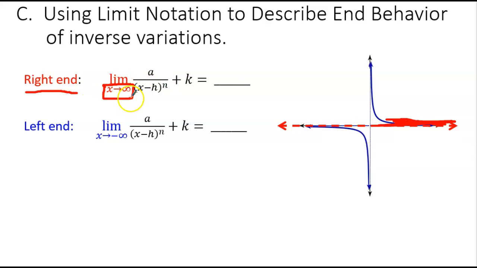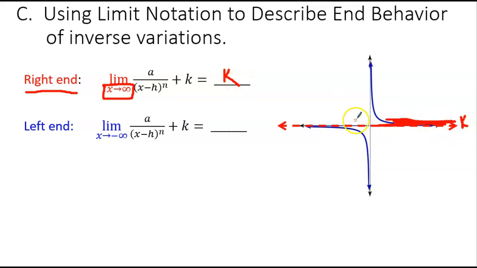As x approaches infinity, the y value, represented by our function here, gets closer and closer to the horizontal asymptote, which in this case we'll say is k. It gets closer and closer to that.